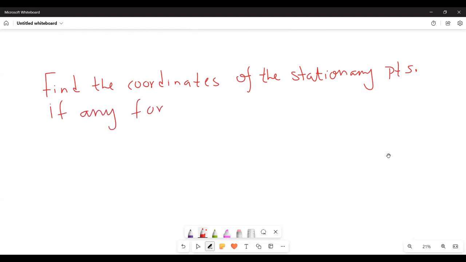For y equals half x squared minus ln 2x. Okay. For the stationary point, dy over dx equals 0.